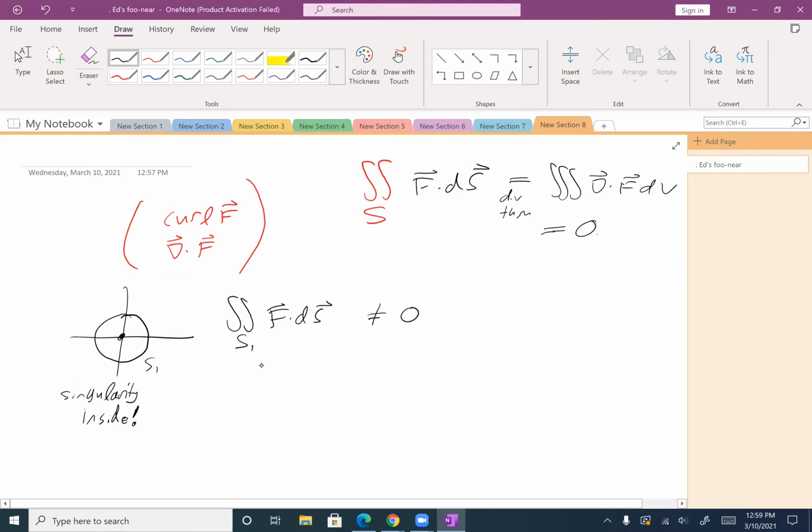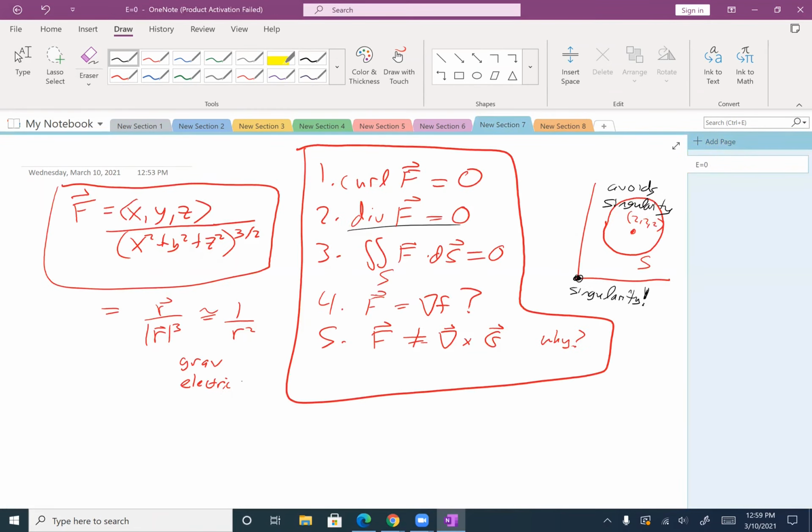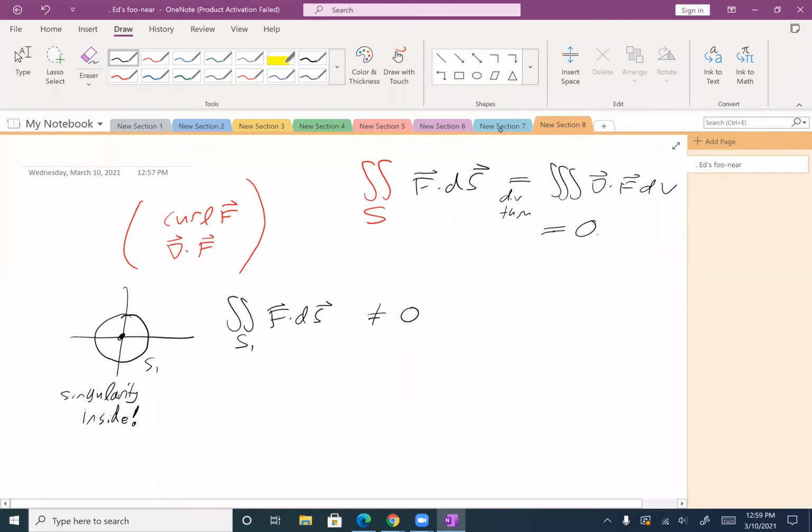But really, you can think of this as a single point charge.